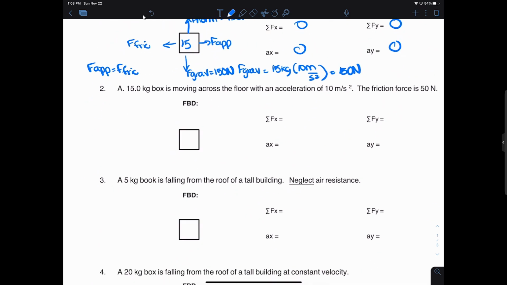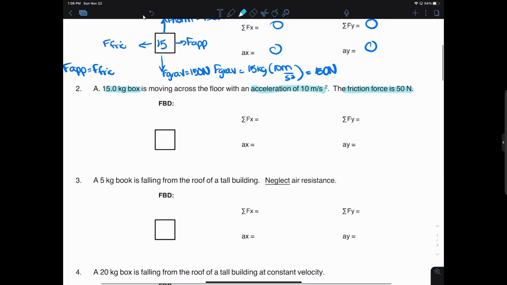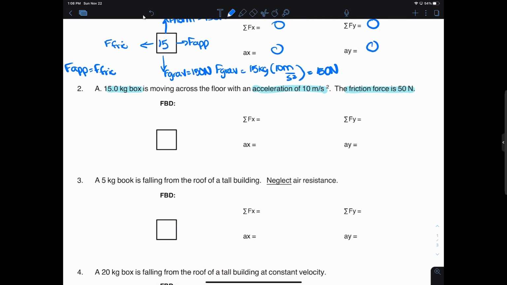The next one, a 15 kilogram box moving across the floor with an acceleration of 10 meters per second squared. Friction force is 50 newtons. So we've got a 15 kilogram box, and because I'm trying to get this done a little bit faster, we already calculated up here the 15 kilogram was 150 newtons.